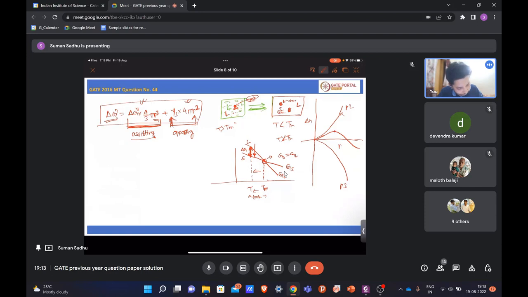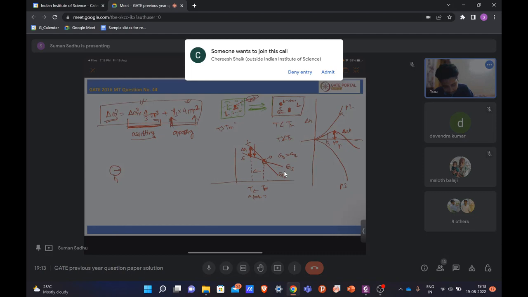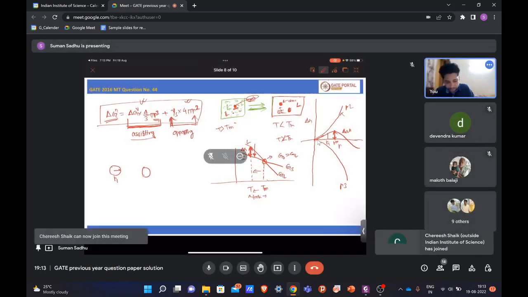So this is a critical point or highest point you can say of this delta Gn, that is the free energy for nucleation. So now let's say this is r1, this is r star, right? So now let's say this is a small cluster of radius r1 and this is one cluster that is formed of radius r star.